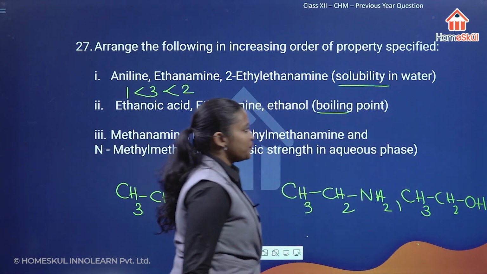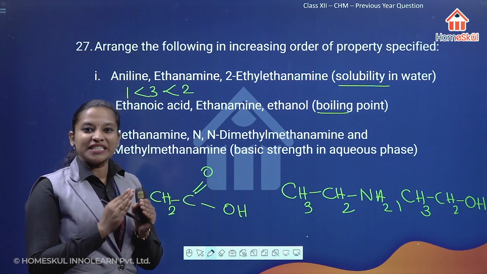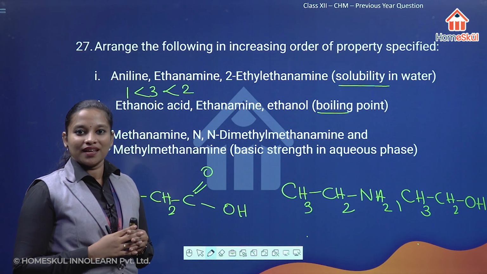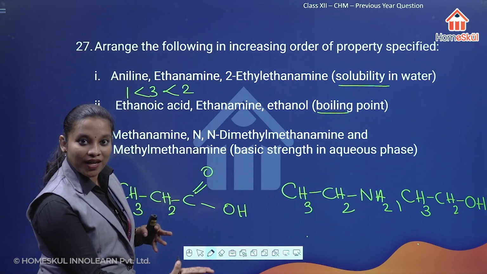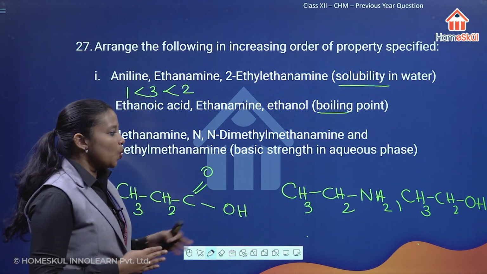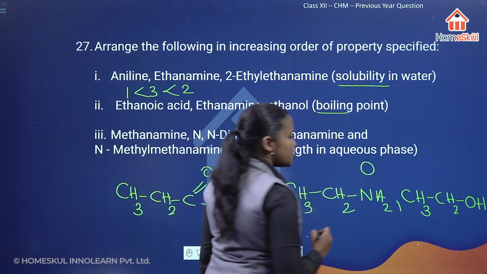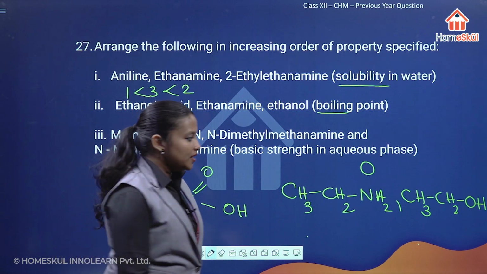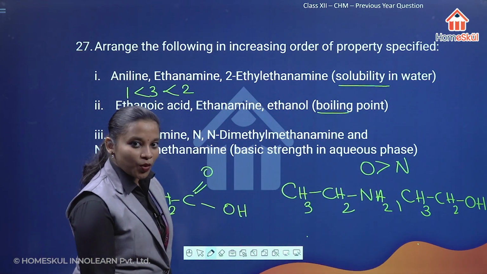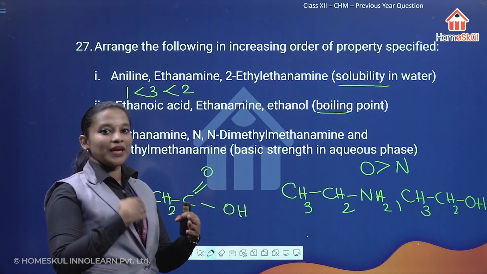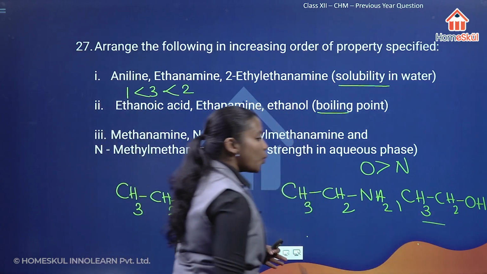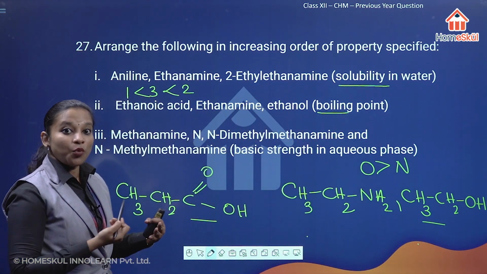CH3CH2OH, ethanol. Here, the boiling point depends upon the hydrogen bonding between the molecules. The stronger the hydrogen bonding, the greater the boiling point. Here we know that oxygen is more electronegative than nitrogen, so the hydrogen bonding formed with oxygen will be more. Then we have two species which will have a high boiling point.